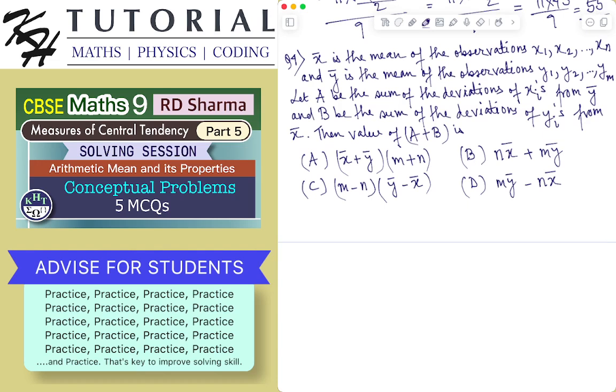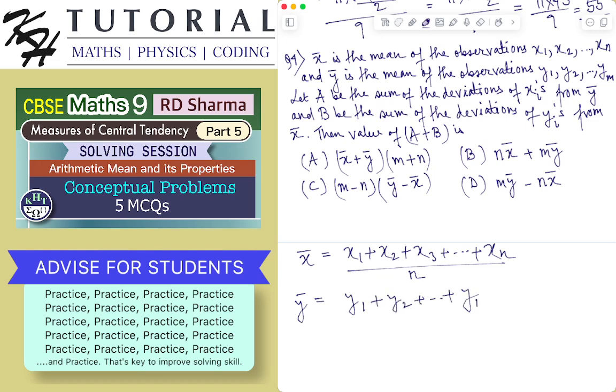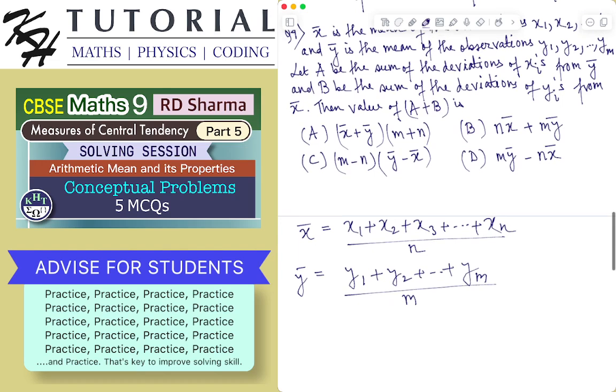So what is given? First of all, x bar is the mean of x1, x2, x3 up to xn, so there are n observations. Again, y bar is the mean of y1, y2 up to small m, so the number of observations is small m. Now it is given that capital A is the sum of the deviations of xi's from y bar.